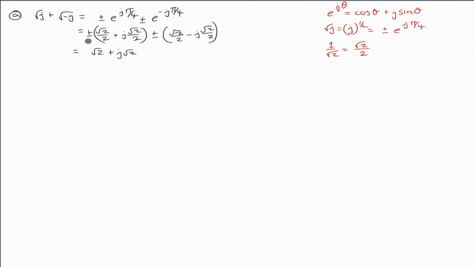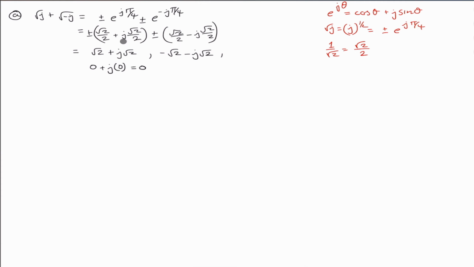If we go minus minus, we have negative square root of 2 minus j times the positive square root of 2. If we do minus plus or plus minus, we end up with 0 plus j of 0, which is equal to 0.